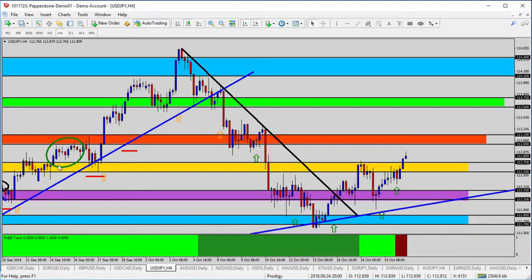So the green circle is what we want to focus our attention on today, because that's such a familiar and similar scenario to what we have happening today over here on the right hand side. Again, the yellow zone 112.55, 112.70 was resistance, like it was prior to the green circle, and now today we are above it.